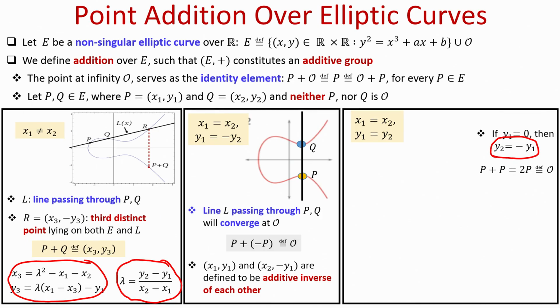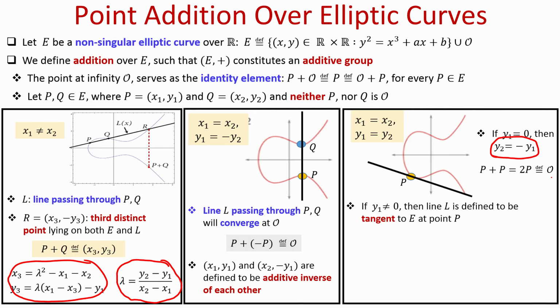So, if y1 is equal to 0, then we can interpret y2 to be equal to minus y1, and then we come to the previous case where x1 is equal to x2 and y2 is minus y1. In that case, the way we have defined the plus operation, the summation of P with the same point, which is 2P, gives you the point at infinity.